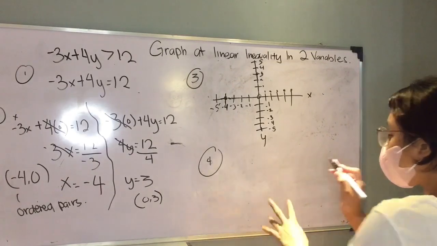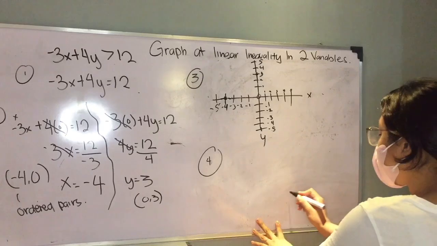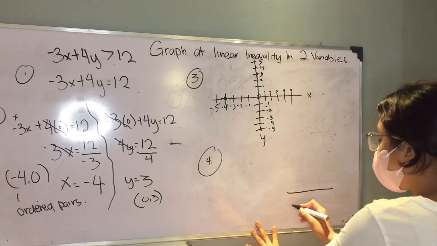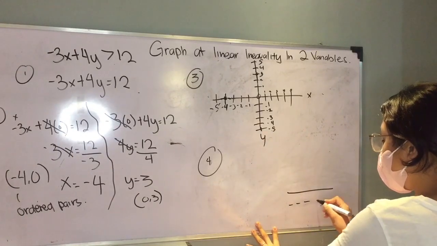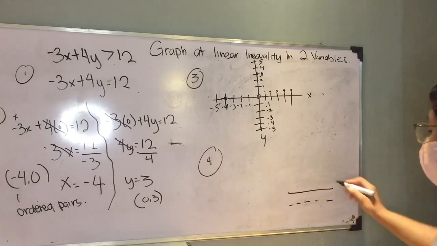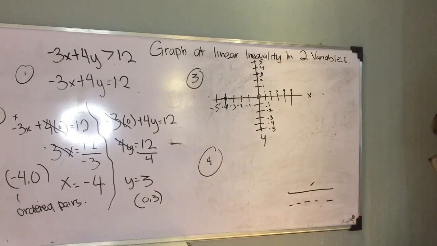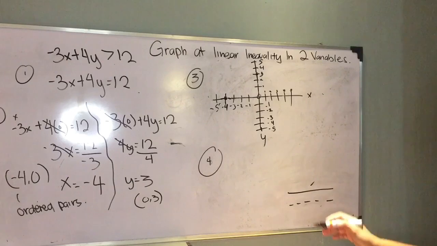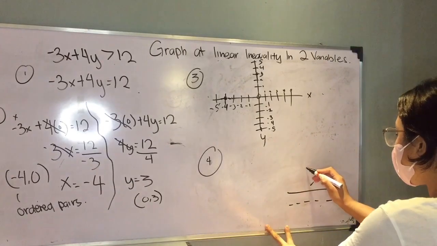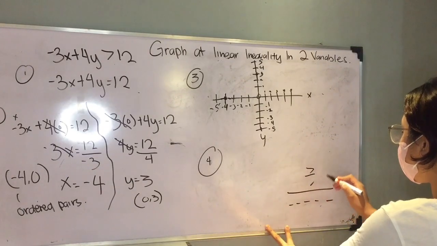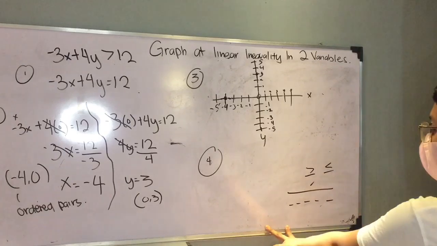There are actually two types of boundary line. First is the solid line, then the broken line. The solid line is used for signs like greater than or equal to or less than or equal to.